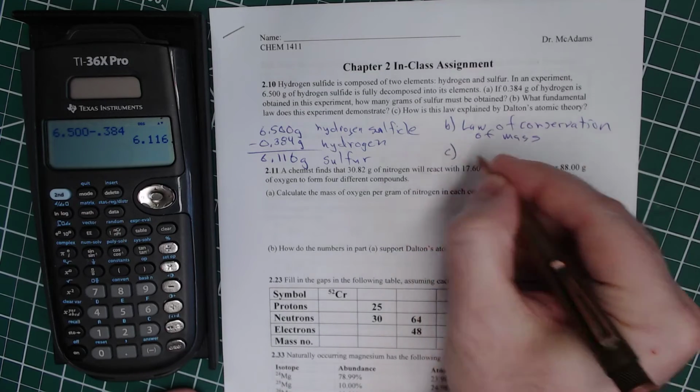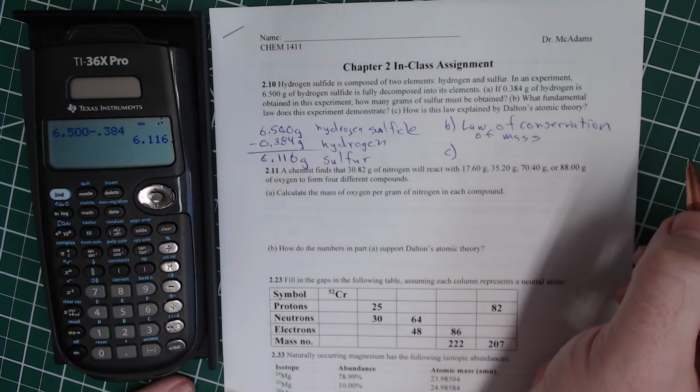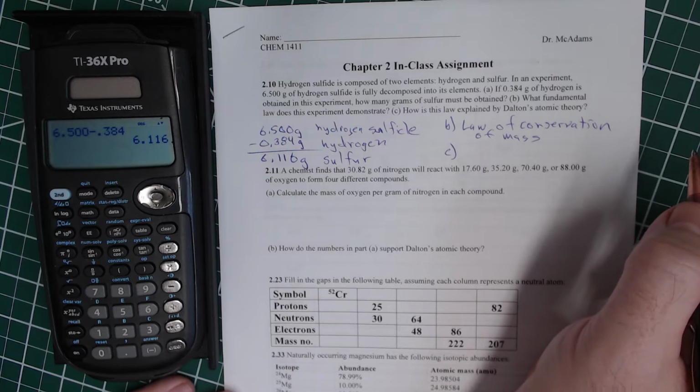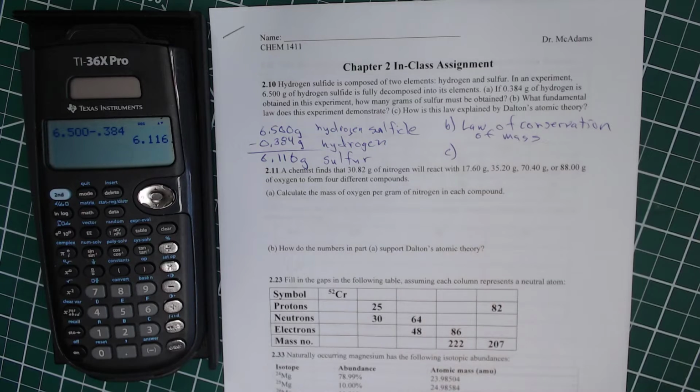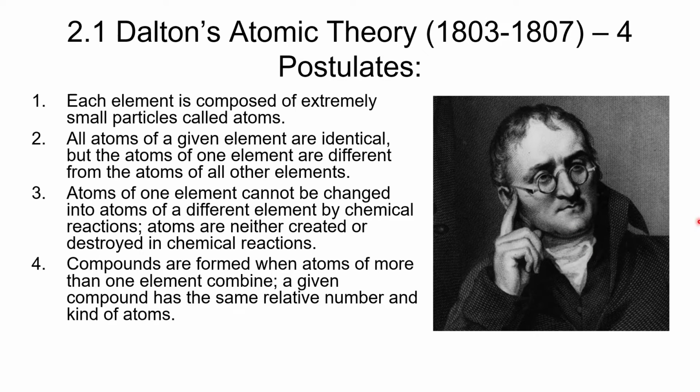And then part C, how is this law explained by Dalton's atomic theory? Well, if we go back and look at Dalton's atomic theory, oh, actually, postulate 3, sorry about that.